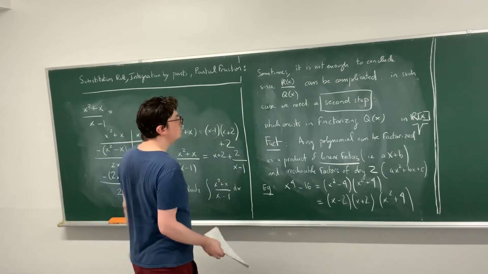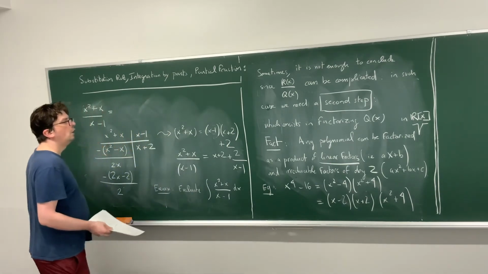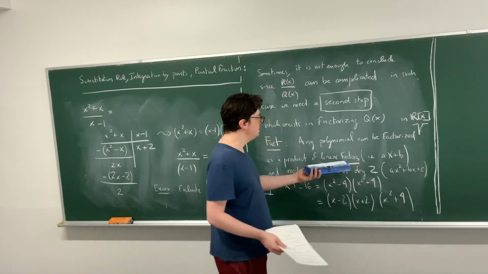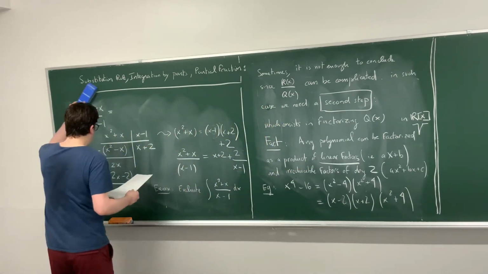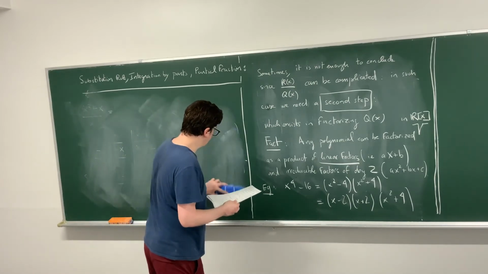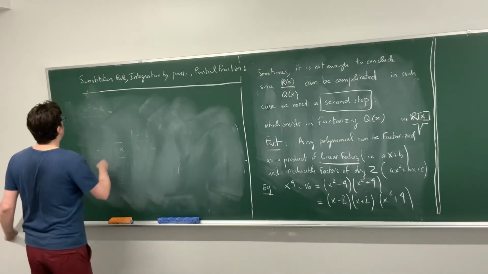Okay, so you do that for q of x. You do your factorization like this, into linear factors and polynomials of degree 2. Then what can you do with that? So this will be step 3.